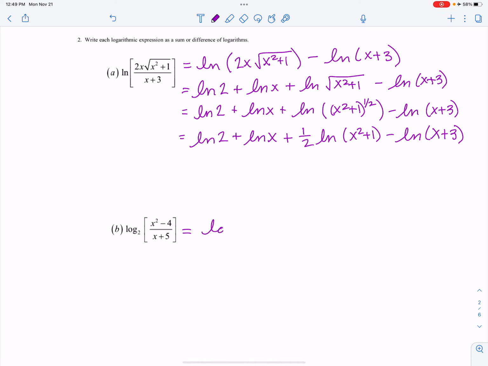So I have log base 2 of x squared minus 4 minus log base 2 of x plus 5.